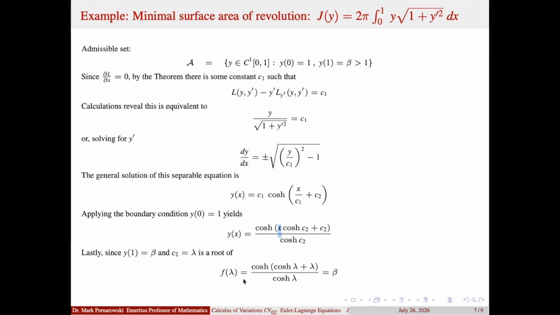So another way of saying that is the C2 has to be a root of this function f, which is this function evaluated at x equal to 1. So that would be this thing here. Now, you can't do this analytically, but you could draw a graph of this, and you could see that it equals some beta at some particular lambda, and you find that numerically, and you put that back into here, and you get your solution for the minima of this problem.